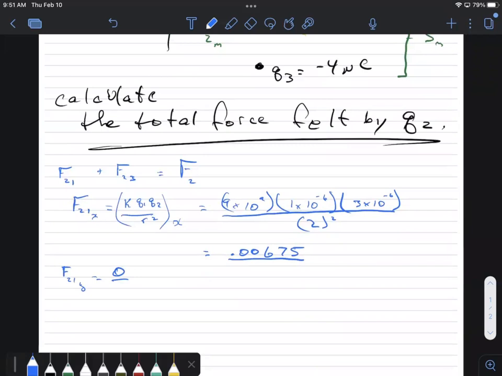And again, just to foreshadow next year, if I was looking at something else where angles are involved, I may have something like cosine of theta here and sine of theta here. And so I'd actually get a number for the x and a number for the y.